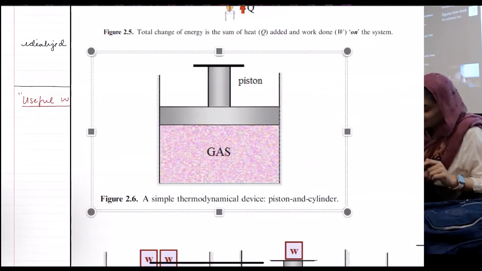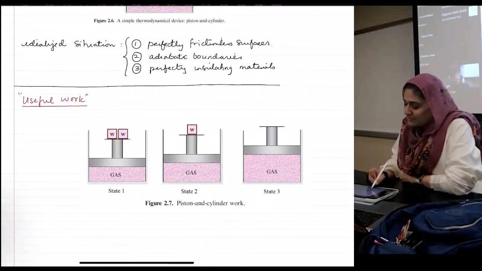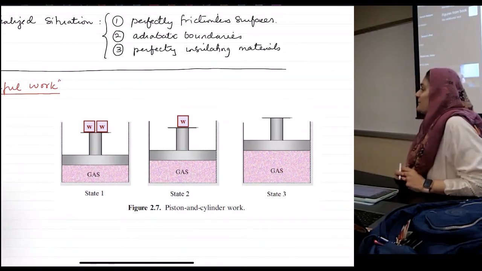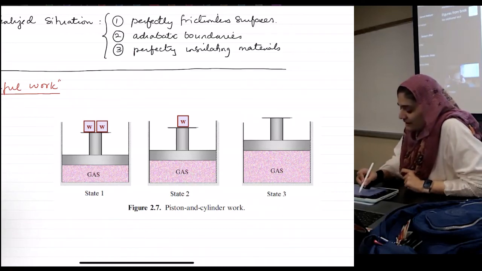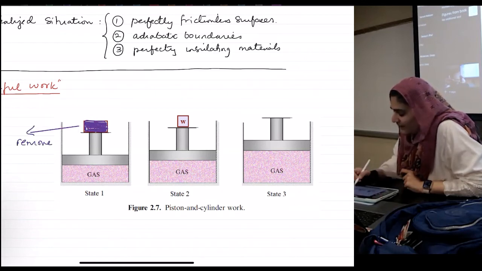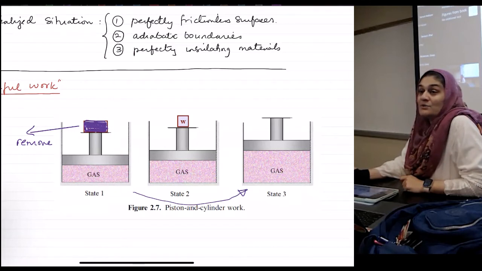So the idealized idea is, remember we were talking about states 1, 2, and 3? What would be the most useful work that this piston does? So there are two weights on it, and it wants to get to state 3. If I take this weight and I call it one big weight, and I remove this weight, will it go to state 3 immediately? But was there any useful work done?